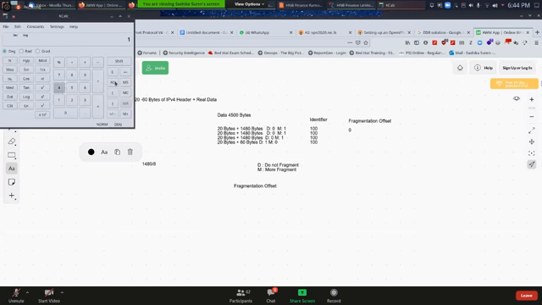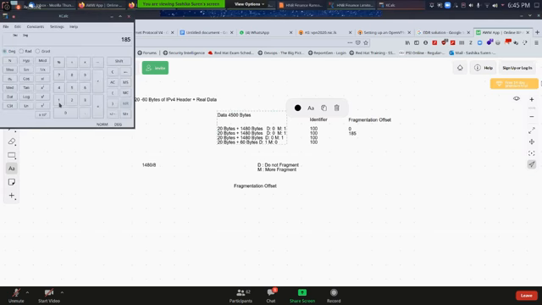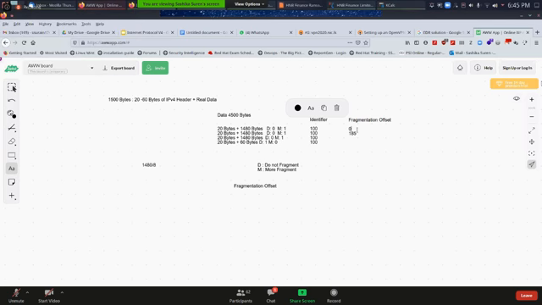So if you divide this one, this is not about the bytes to bits conversion, but we divide it by eight. 185. So the next demarc value that we are going to use here is 185. For the next value, add another 185. 185 plus 185 is 370. So the next one will be divided from 370.